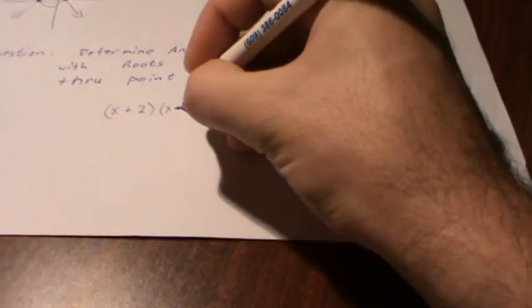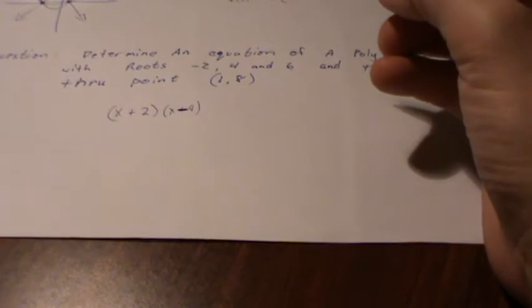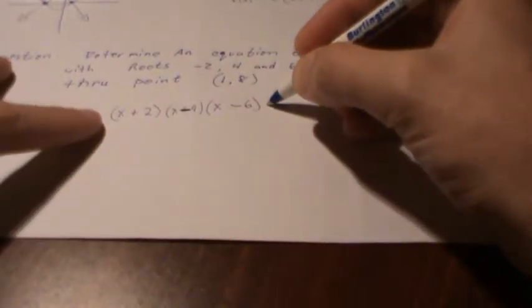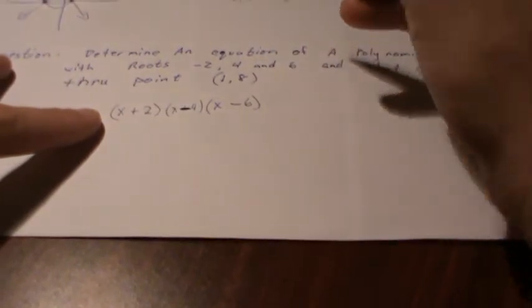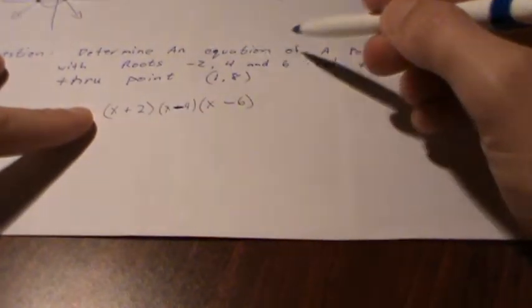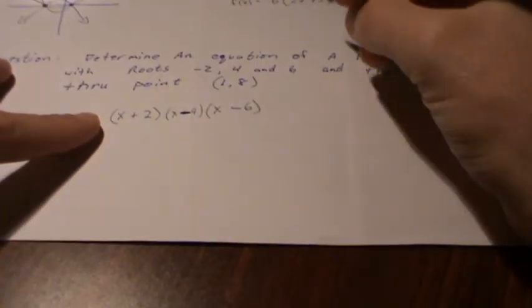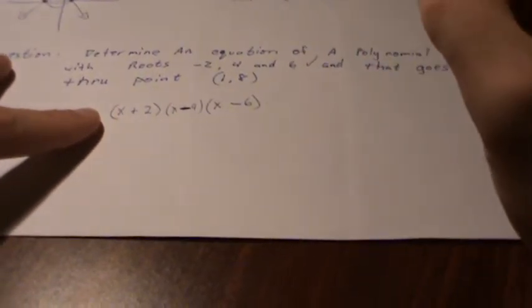Oops, this should have been a minus right there. And x minus 6. So this is my polynomial here that has these roots. So determine an equation of a polynomial with these roots. That is taken care of.